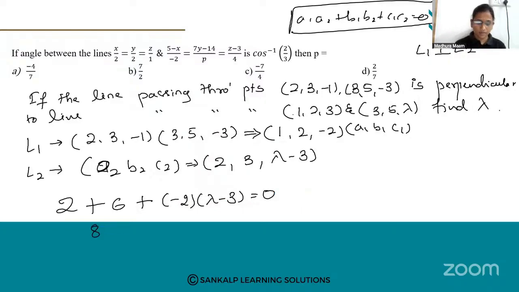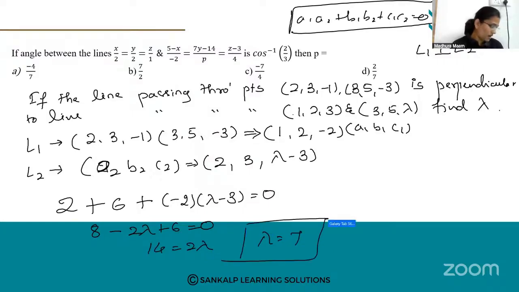Minus 2 lambda plus 6 equals 0. So this is nothing but 14 equals 2 lambda. So the value of lambda is 7. What were the options? Minus 3, 2, 5, 7. So our answer is 7. So this is again based on the concept of perpendicularity and the angle between lines.